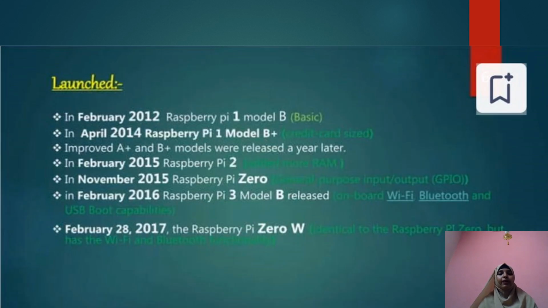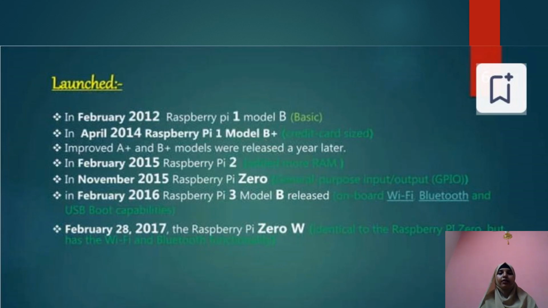So let's have a look at its launch process. In February 2012, Raspberry Pi 1 Model B Basic. In April 2014, Raspberry Pi 1 Model B, it's a credit card size. Improved A plus and B plus models were released a year later. In Feb 2015, Raspberry Pi 2 was released.